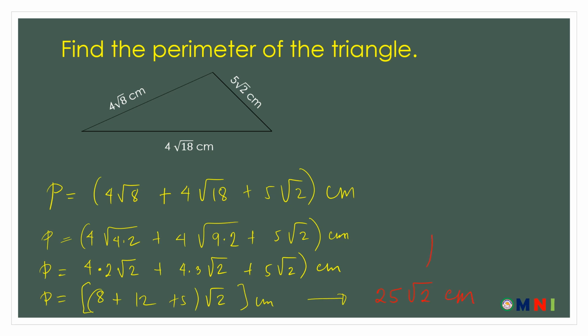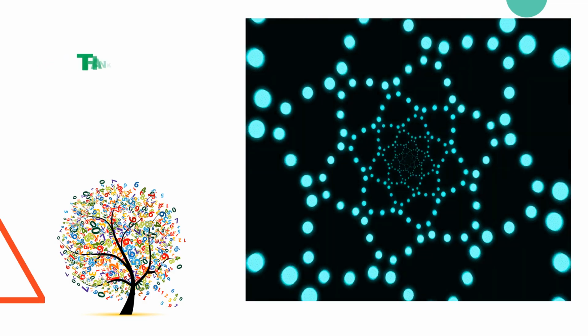So this is the perimeter of this entire triangle. 25 times square root of 2 centimeters. That's it.